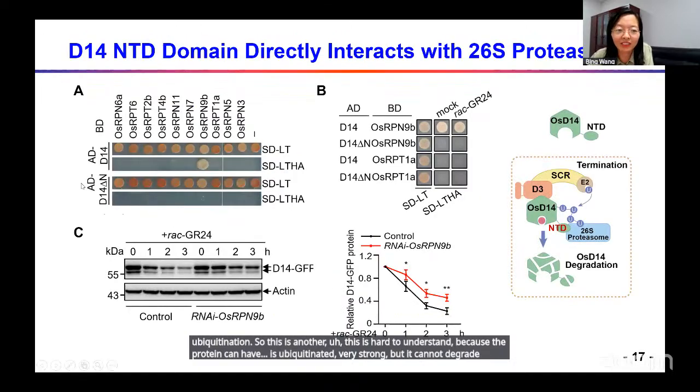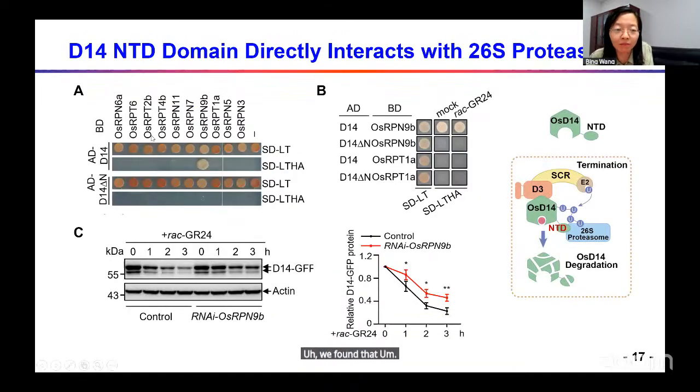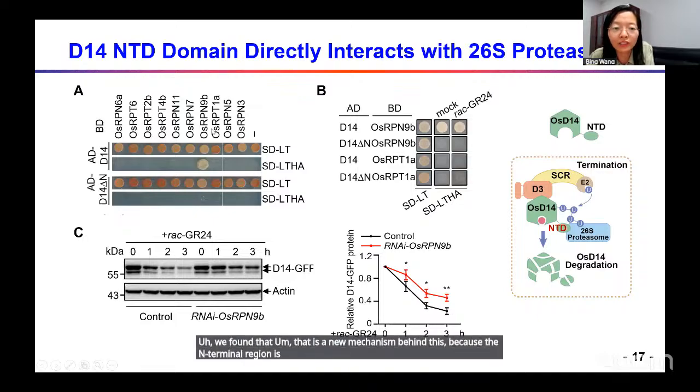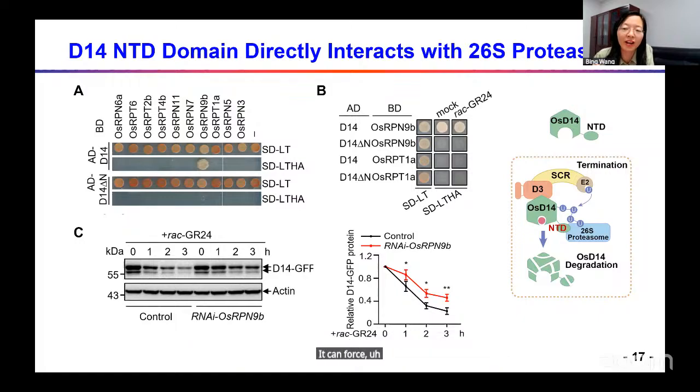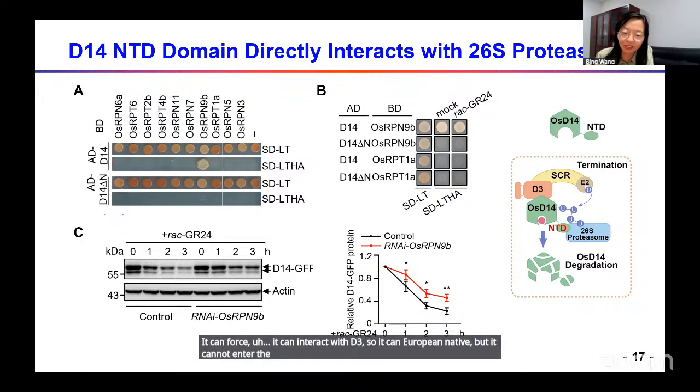We found that there is a new mechanism behind this, because the N-terminal region is important for the direct interaction of the receptor with the 26S proteasome. If the N-terminal region is deleted, it can interact with D3, so it can be ubiquitinated, but it cannot enter the proteasome, so it cannot be degraded. This is a new mechanism in plants.